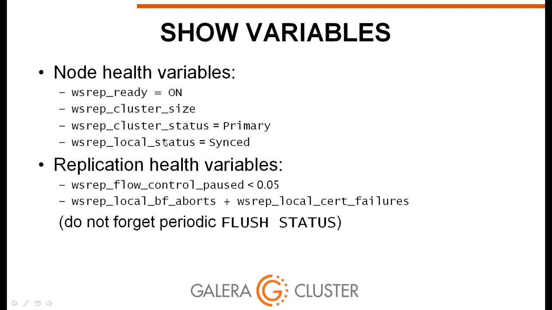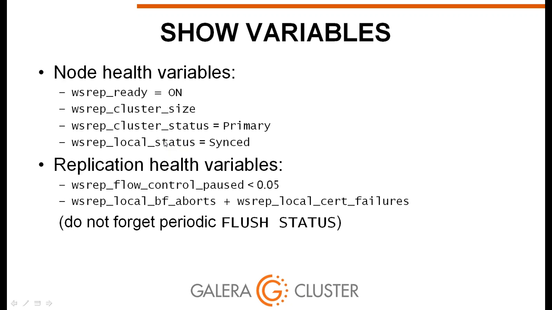As mentioned previously, one of the goals for Galera is to prevent slave lag. So every time Galera detects that a particular node cannot keep up with the transactions that come from the other nodes and cannot commit them, it will throttle the entire cluster until this slower node is able to catch up.